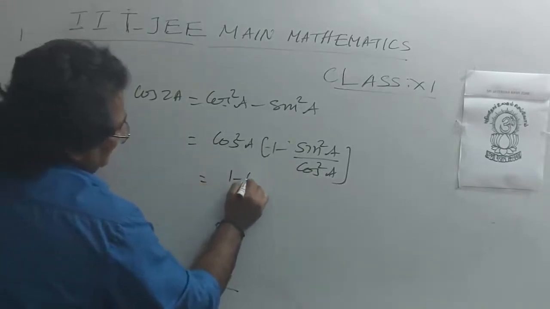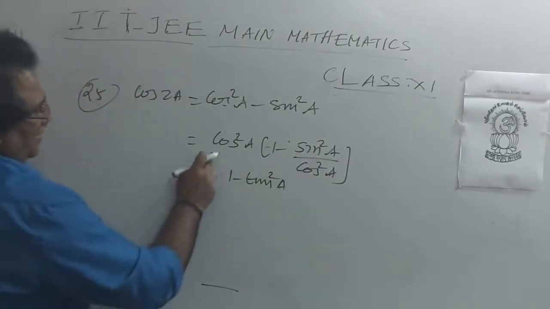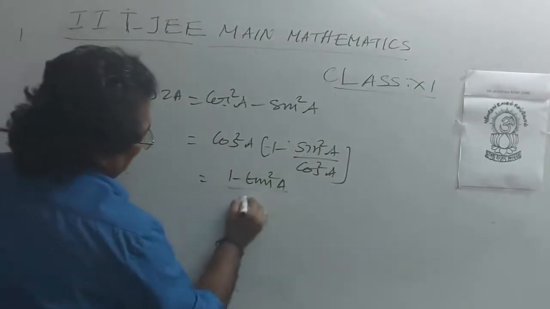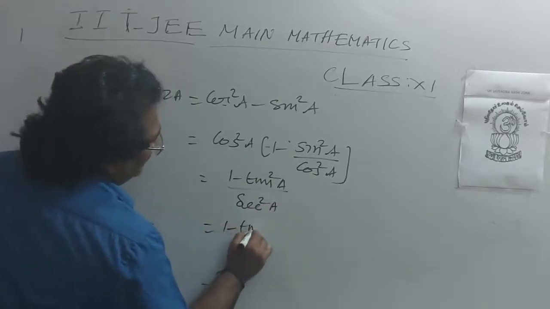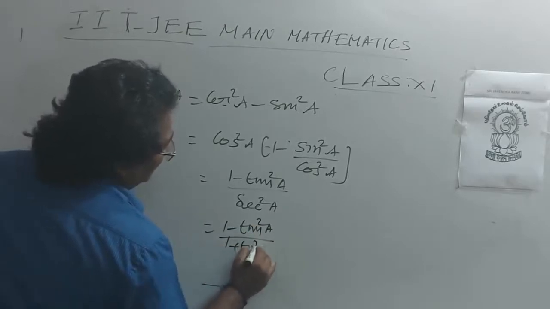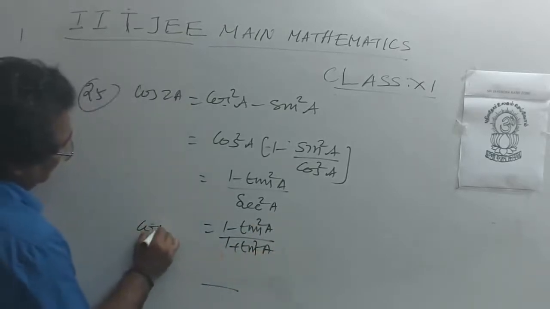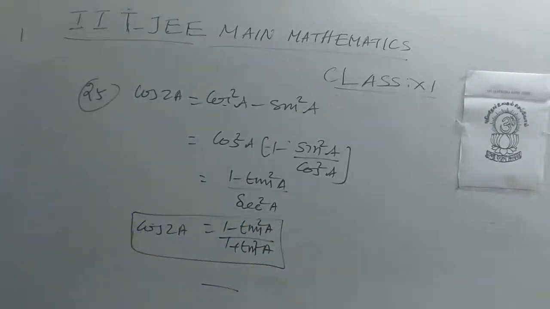So 1 minus sin squared by cos squared is tan squared a. Cos theta equal to 1 by secant theta, that is secant squared a. 1 minus tan squared a by 1 plus tan squared a. So cos 2a equal to 1 minus tan squared a by 1 plus tan squared a.